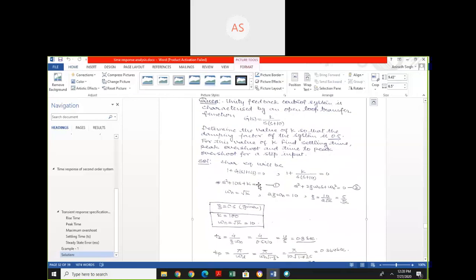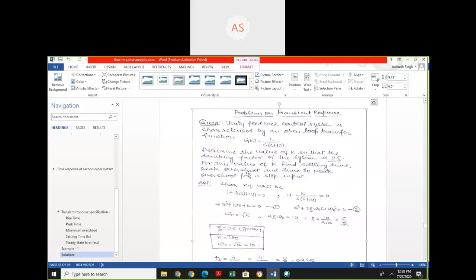In solving transient response, there are only the following steps. First you find the characteristic equation, then from this characteristic equation you get some equation, then compare this equation with the standard equation, find the value of omega n and zeta, and then your problem will be solved easily.